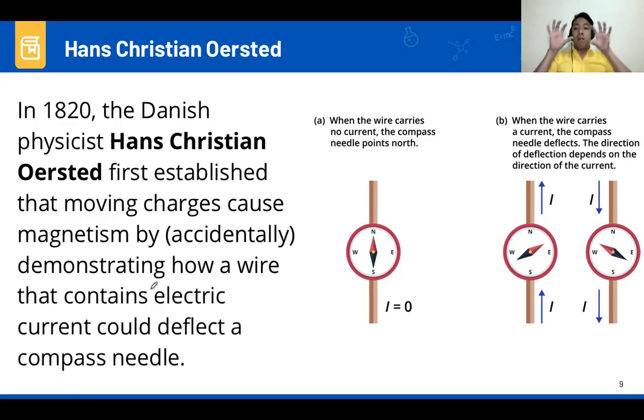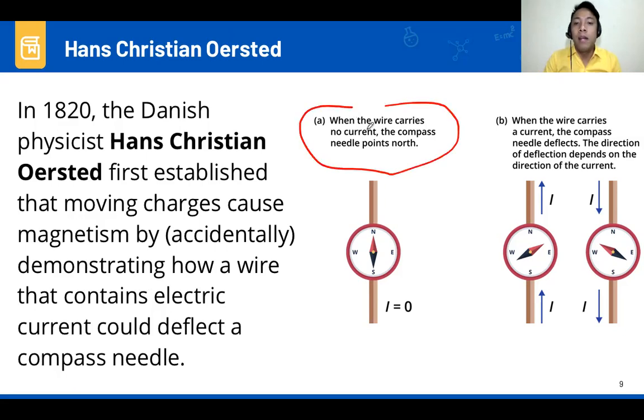So this is still a relation between those two. If we make a Venn diagram of magnetism and electricity, we can write something about their sameness later. When the wire carries no current, the compass needle points north. When the wire carries a current, the compass needle deflects, it moves.